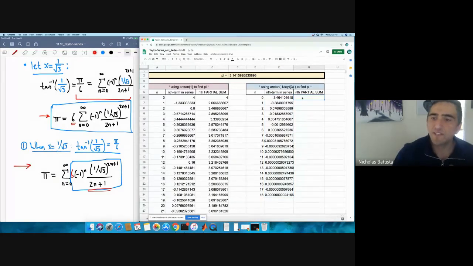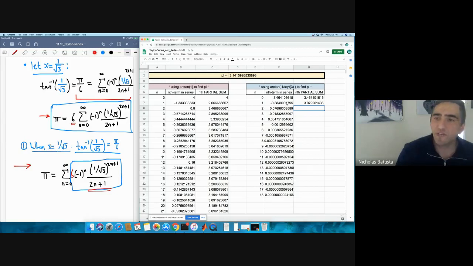And the next thing we can do is start computing partial sums. So the first partial sum is just the first term of the series. So it's just equal to the value of the 0th term. The next partial sum is equal to, well, the previous partial sum value, the value above it, plus the next term of the series, which is to the left, and click enter.